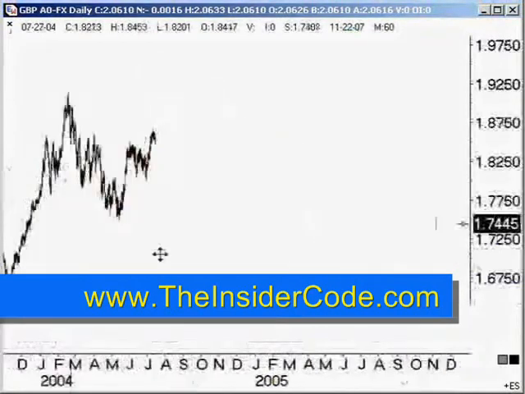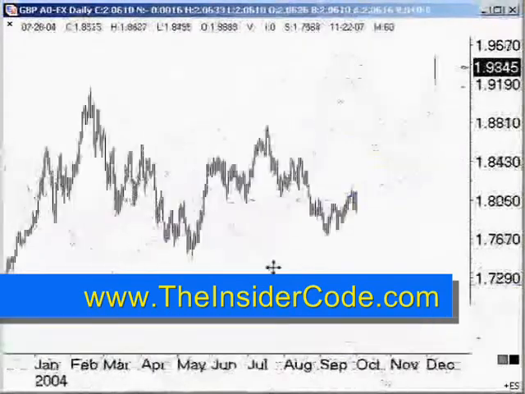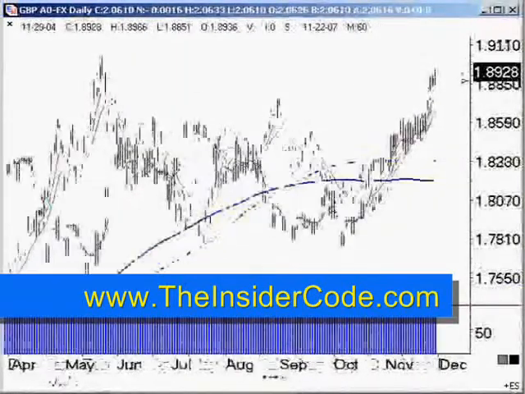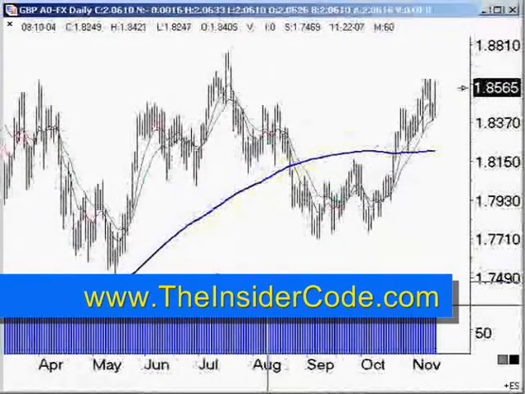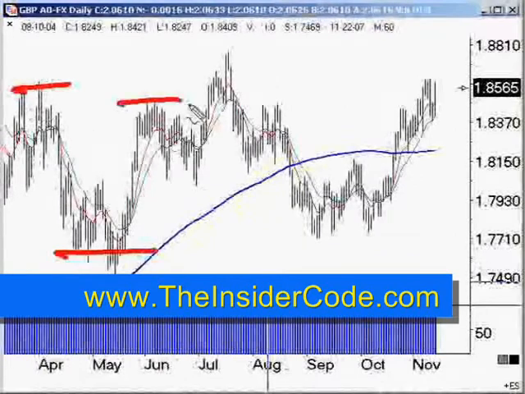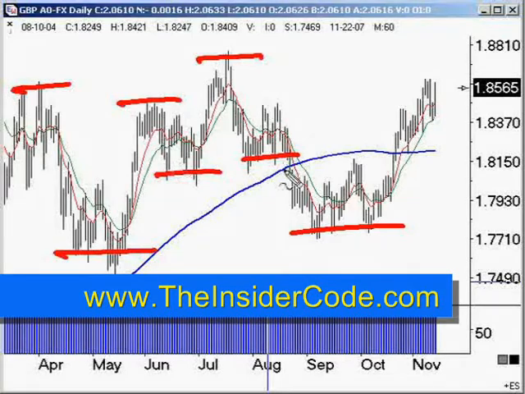Now I'm going to zoom in on a couple of areas here. I want you to look at the moves here. They're pretty big. You've got several hundred pips in here from top to bottom, but there really isn't much of a trend.